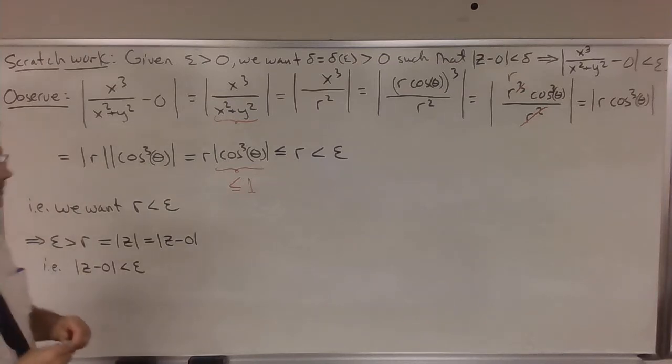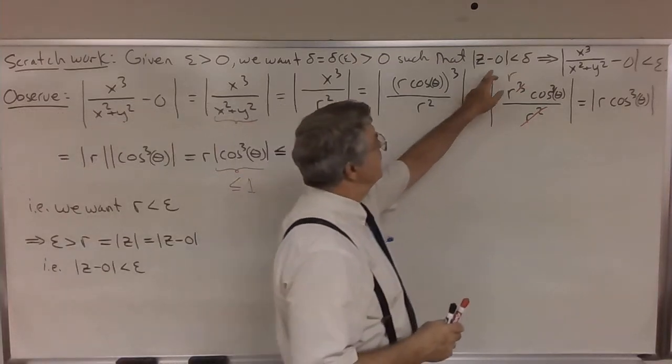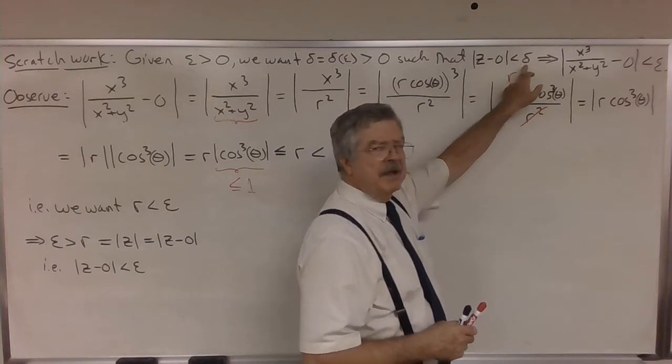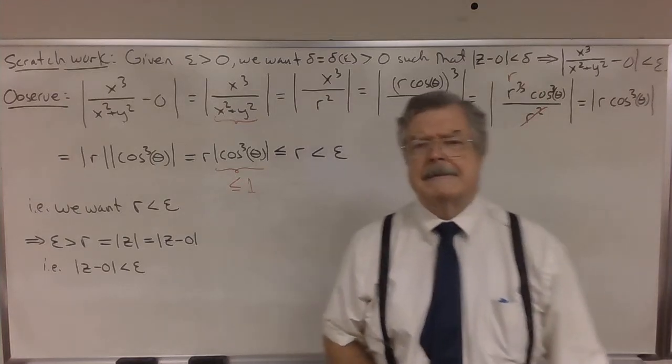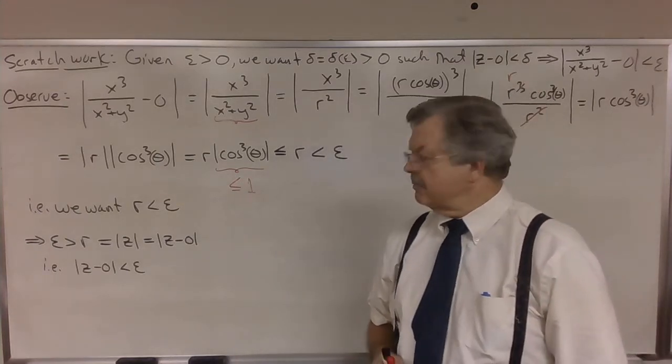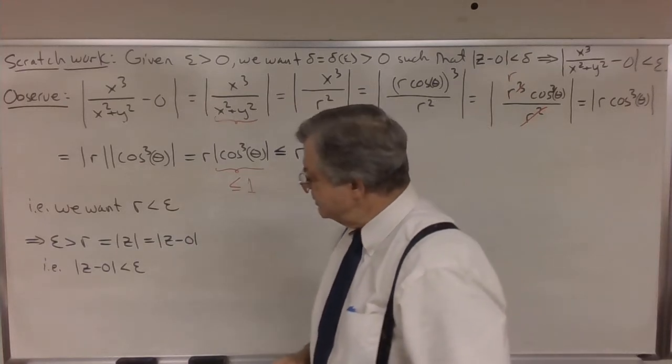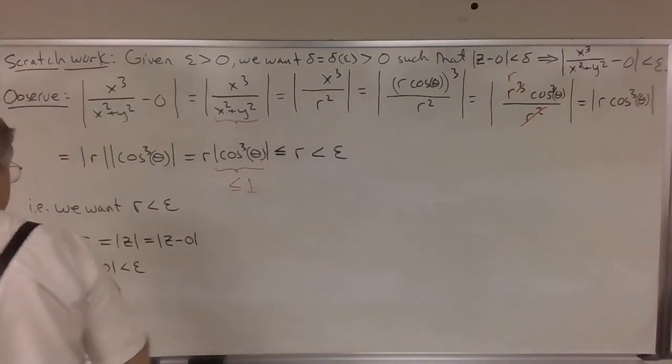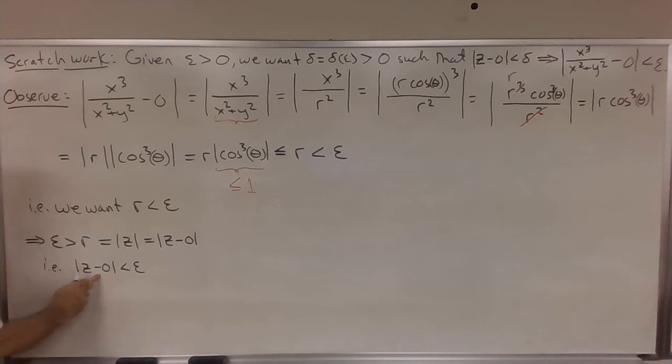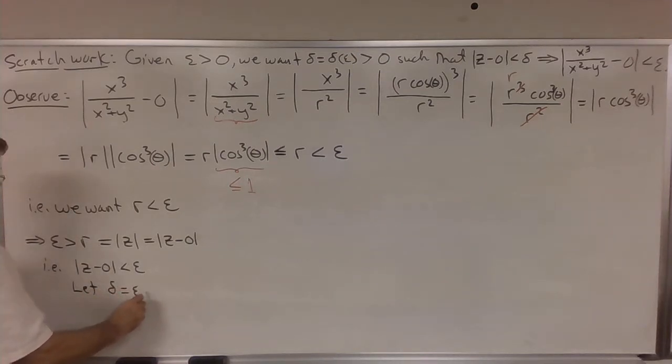Now we want modulus of z minus 0 less than some delta. Well, we've got modulus of z minus 0 less than epsilon. So why not let delta equal epsilon?